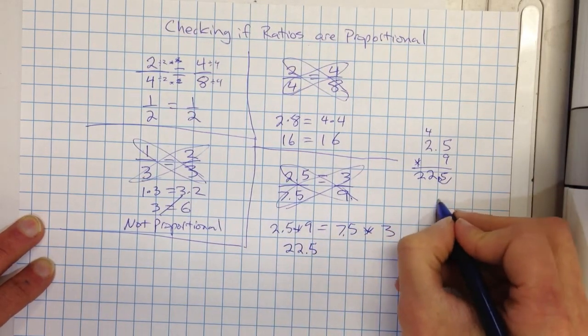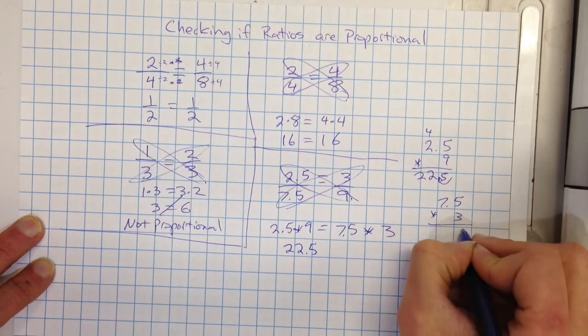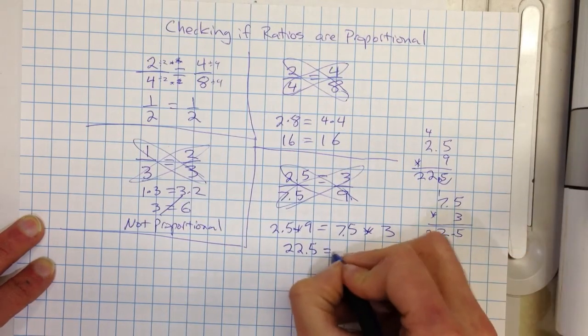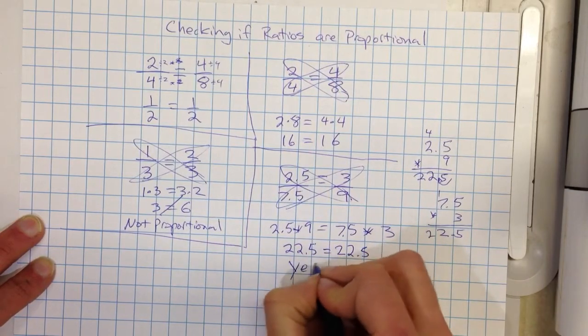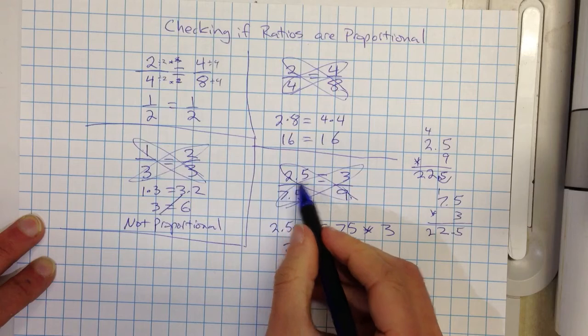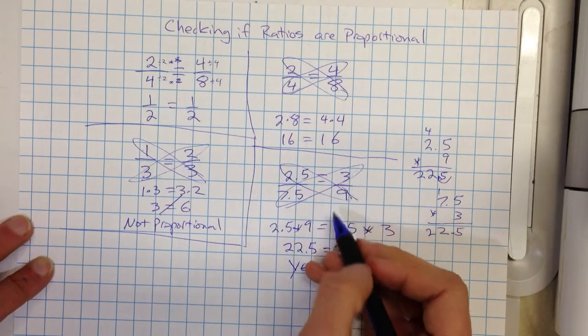And then 7.5 times 3, so 15, I get 22.5. So I get 22.5 equals 22.5. Yes, these ones are proportional to each other. 2.5 to 7.5 is the same as 3 to 9.